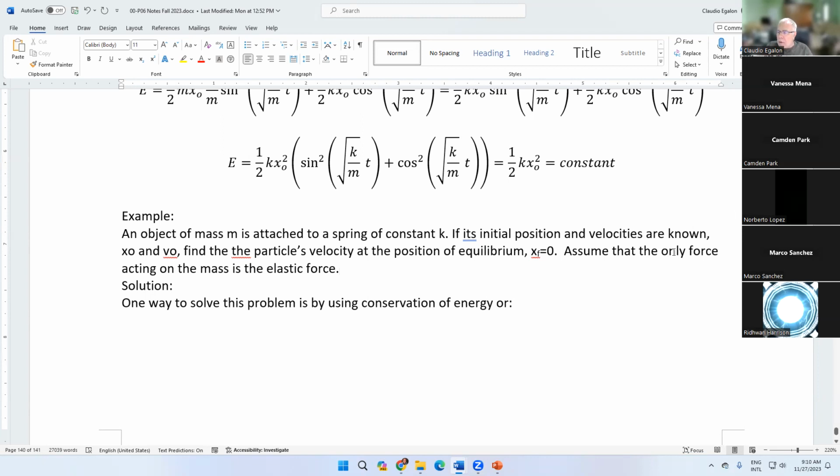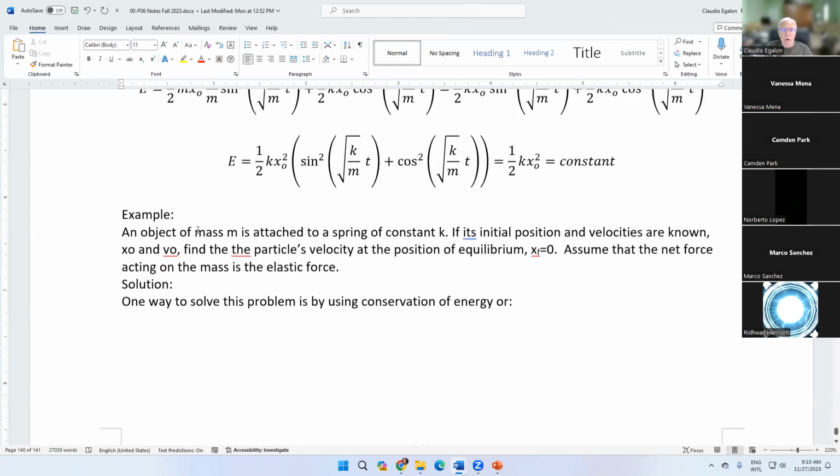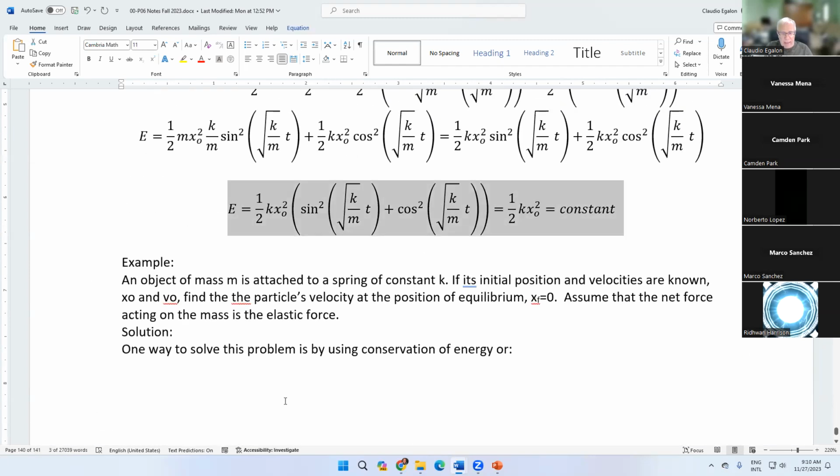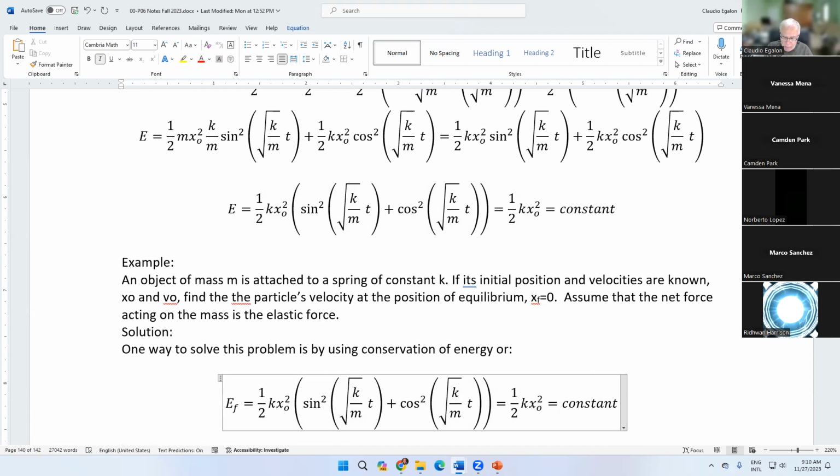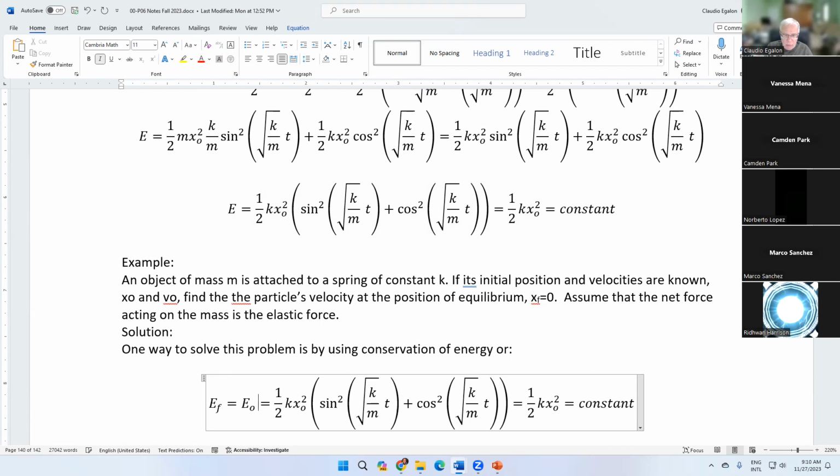Assume that, not the only force, assume that the net force acting on the mass is the elastic force. By using conservation of energy, okay? That's one way. So conservation of energy is going to be like that. Final mechanical energy is equal to initial mechanical energy.